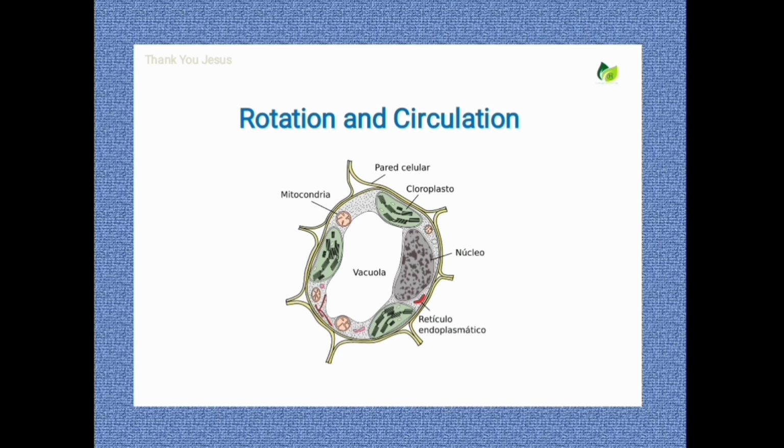The vacuole occupies the center part of the cell. So here the cytoplasm is restricted towards the periphery. You can see the picture clearly. This movement of cytoplasm around the vacuole in a clockwise or anti-clockwise manner is rotation.